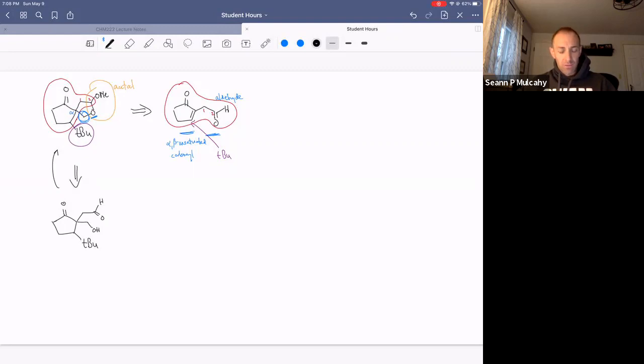How would we form the acetal from that molecule? We would form it by using, let's say, HCl in methanol as solvent, because we have a methyl group as part of our acetal. If you can see that that acetal forms from that aldehyde and that alcohol, you're well on your way to solving this problem.